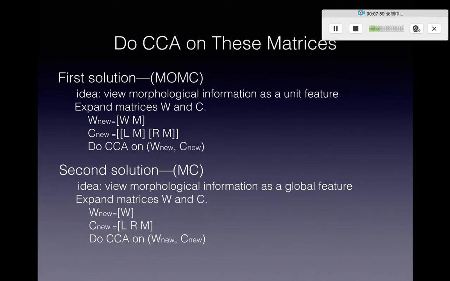Then we use the results to construct C new. Then we will do CCA on W new and C new.